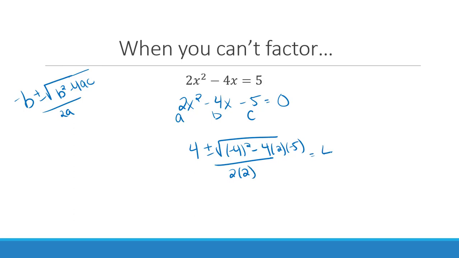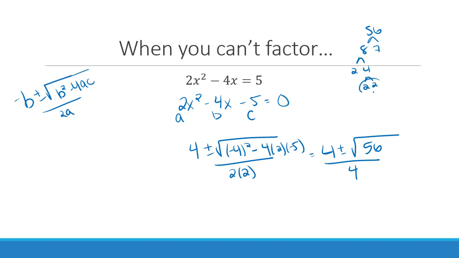So I'm going to rewrite this as 4 plus or minus the square root of 4 squared, which is 16. And then this is going to give me 20 times 2, which is 40. So 40 plus 16 is going to give me 56, all over 2 times 2, which is 4. Now, the square root of 56 is not pretty, but can it be reduced down? Yes, you can.